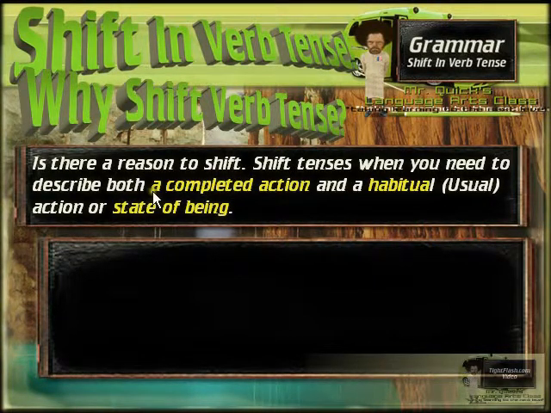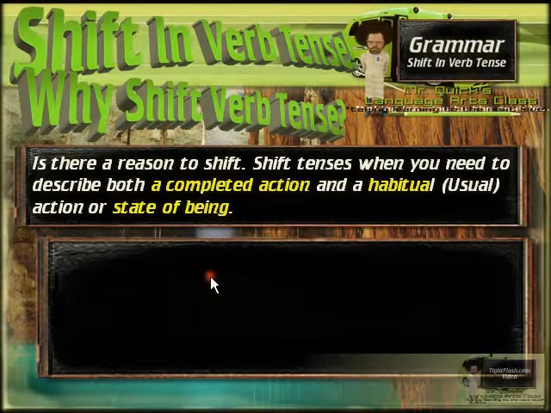And those 3 reasons are simply because we want to describe a completed action, a habitual action, or a state of being, in order to help the reader understand fully what's happening.